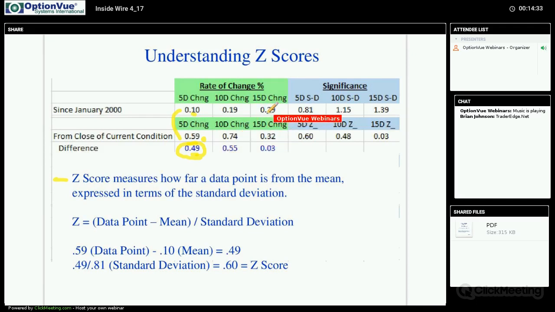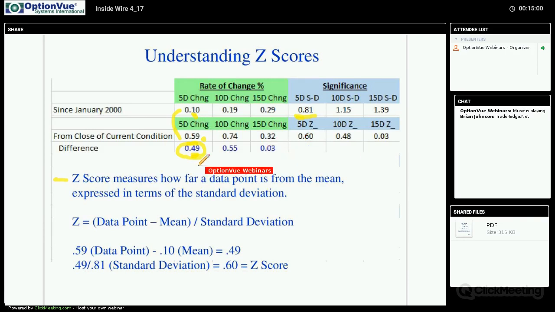Well, look over here. When we look at the 5-day standard deviation of 0.81, that 0.49 is just barely over half a standard deviation to the upside. It's within 1 standard deviation from the mean of 0.1, and that kind of gives you a feel for how significant it is.